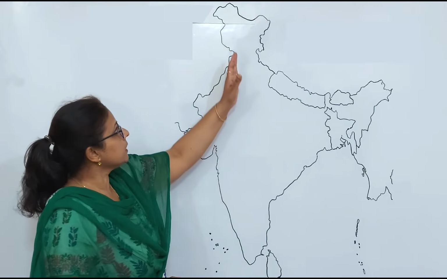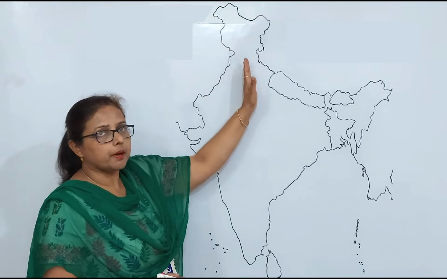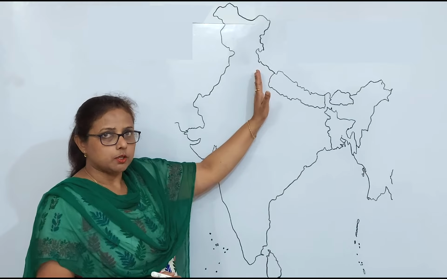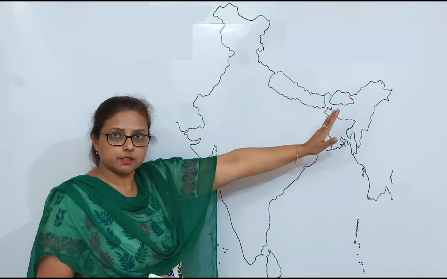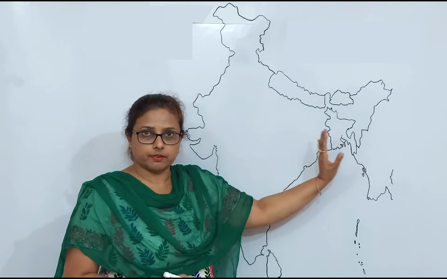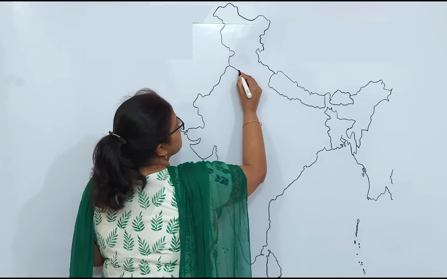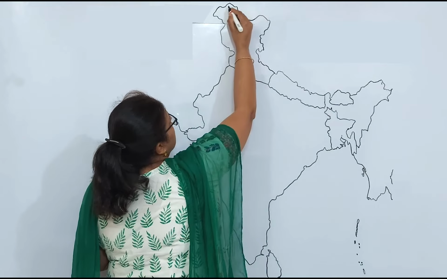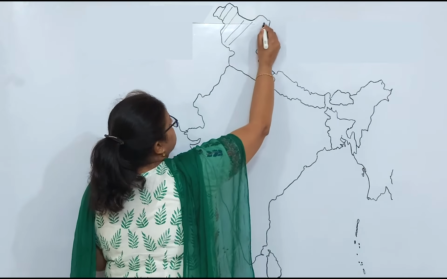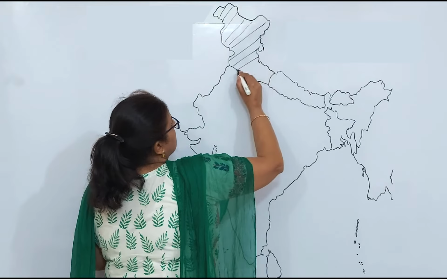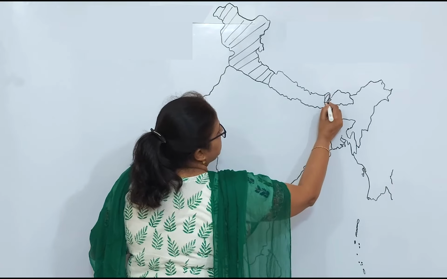So we are going to start from the northern part of India. Now we all know that the northern part of India has got mountains. So here, wherever the Himalayas and mountainous regions are, we have mountain vegetation. These are the places where we have the mountain type of vegetation, especially parts of Jammu and Kashmir, Himachal, Uttaranchal, parts of Sikkim.